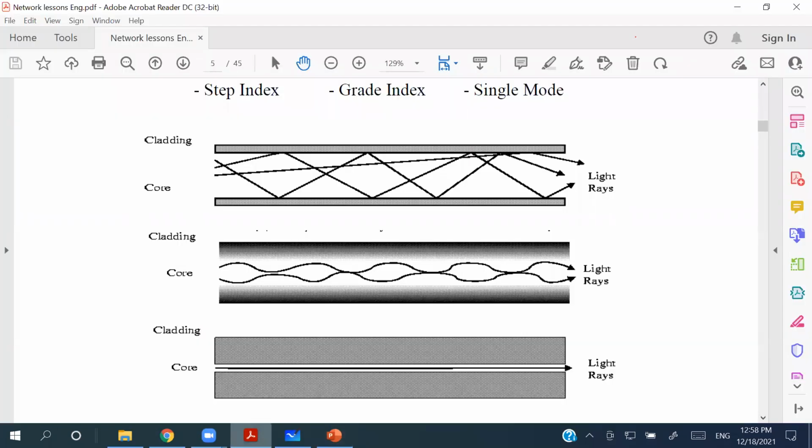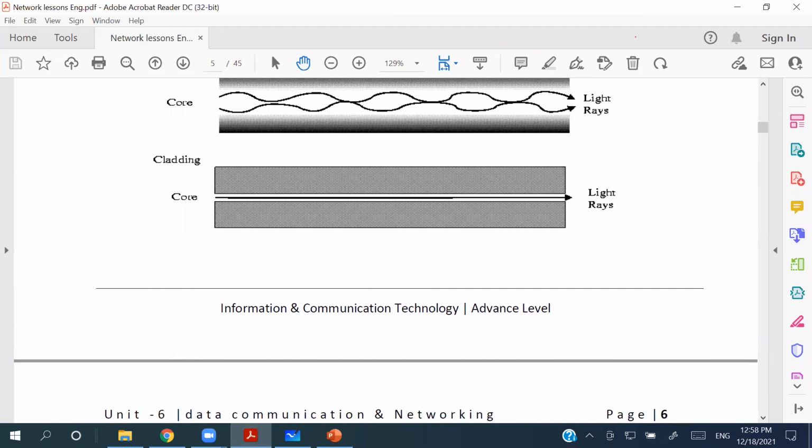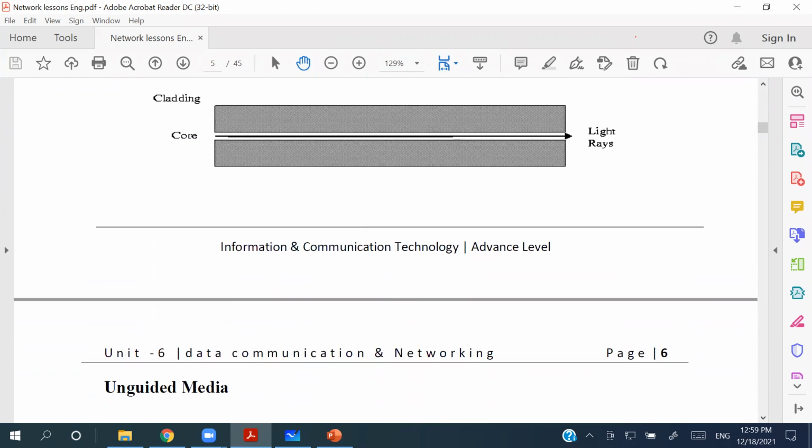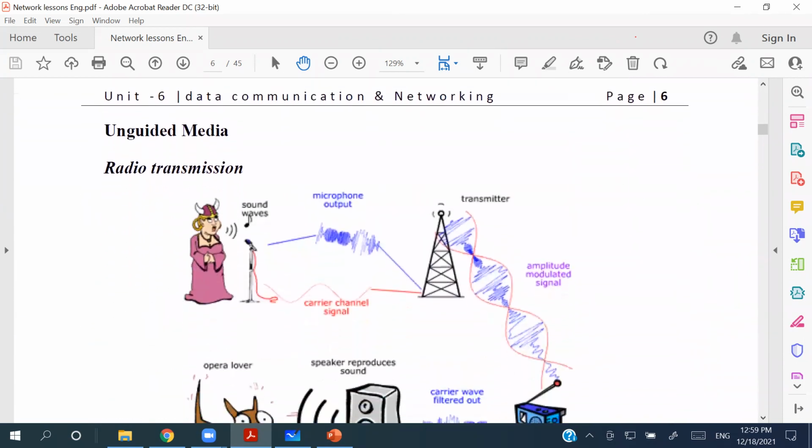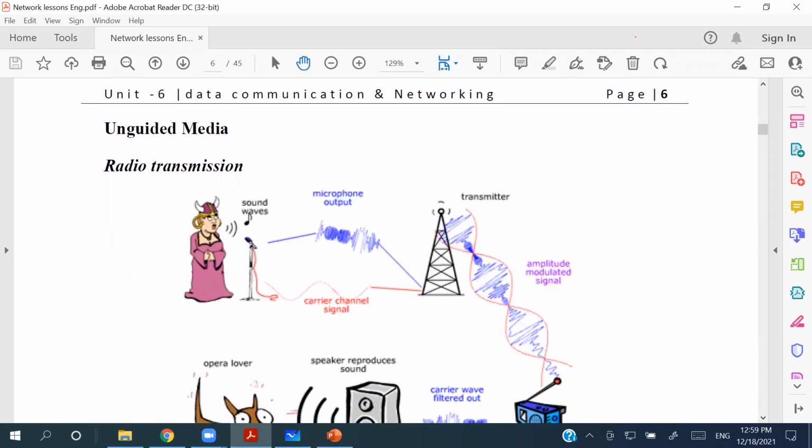Okay, so I think you had a good idea about how the media is working over here, right? So that is regarding the guided media. And this is regarding the unguided media, right? So first of all, we are talking about the radio transmission. That means we are going to talk about the electromagnetic waves, right?